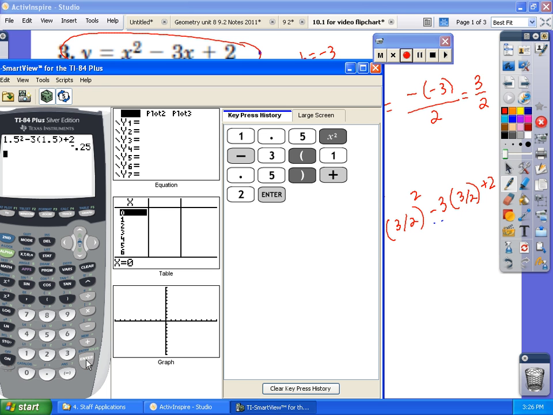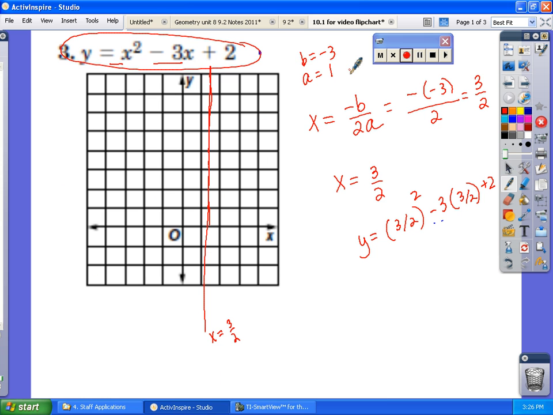And I get as an answer negative 0.25, or negative 1/4. So my y is negative 1/4, or negative 0.25, and that gets us where our vertex is. Our vertex is going to be at our x value of 3 over 2, comma, negative 1/4.